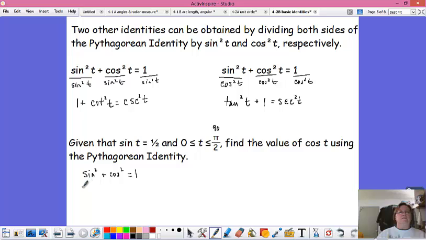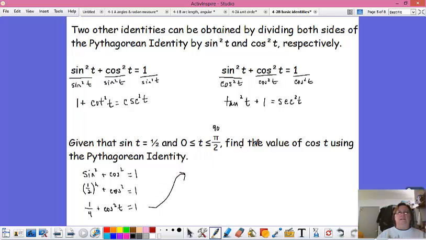And we know a value for the sine of that angle. It's 1/2. 1/2 squared plus cosine squared has to equal 1. And 1/2 squared is 1/2 times 1/2, that's 1/4. 1/4 plus cosine squared t equals 1.